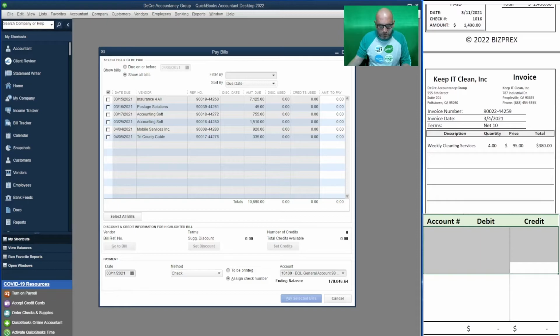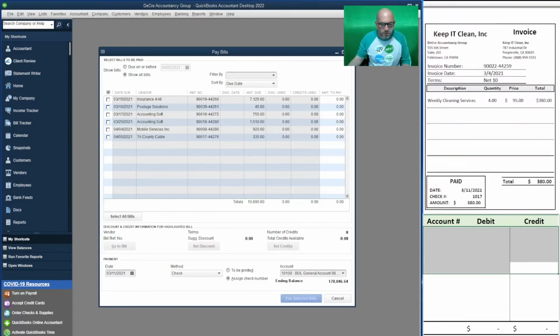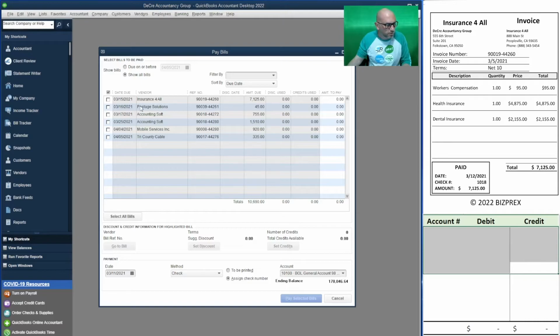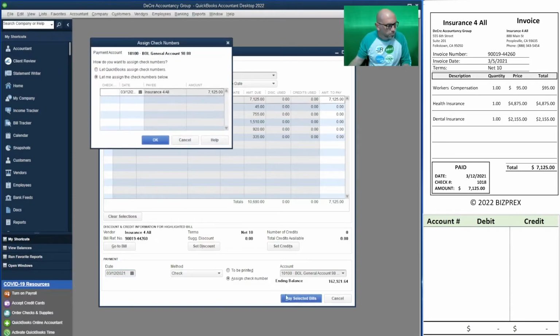Okay, next we have insurance. All right. Let's make sure we get the date correctly. Okay, check 1018. So again, what's happening here? We're reducing our accounts payable. 20,000 is going to go down, and our bank account will be reduced.